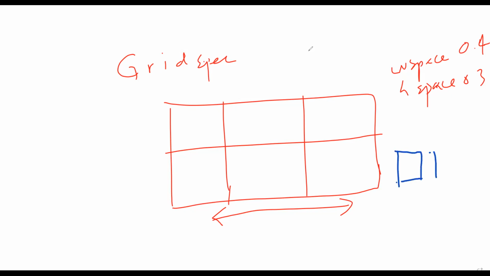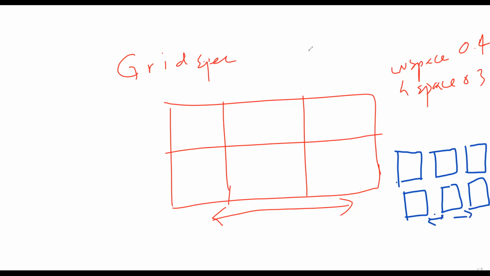So hspace or wspace: wspace is the space along the width, and hspace is the space along the height.